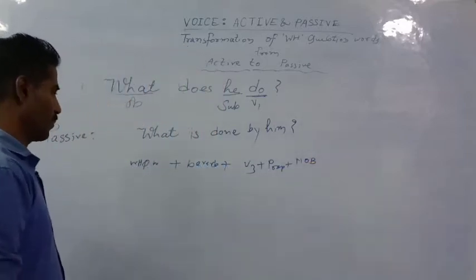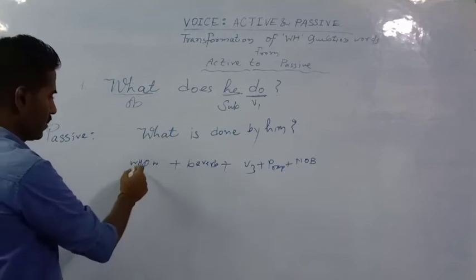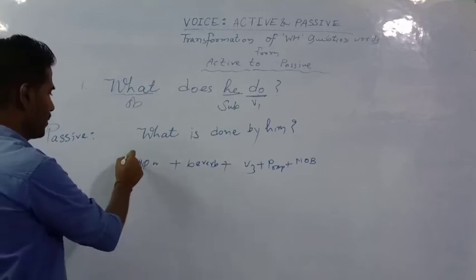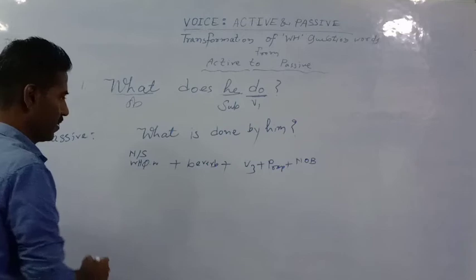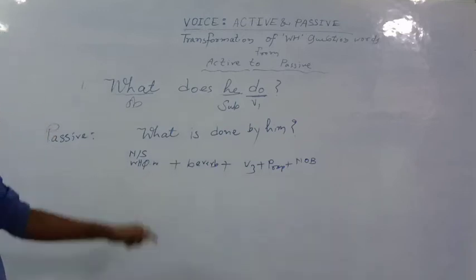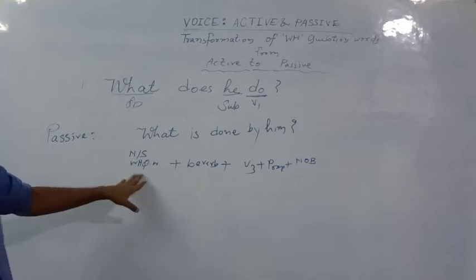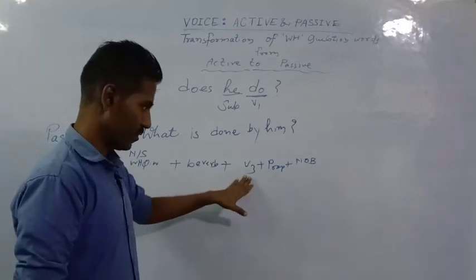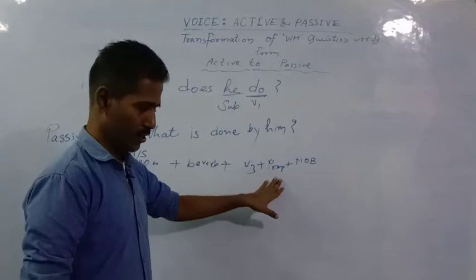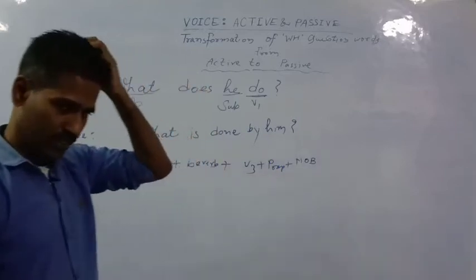Are you getting me? This is the WH question word, or you can say the new subject. So this is how to change: first we write the WH question word or new subject, then the be verb, then V3, then the preposition, then the new object.